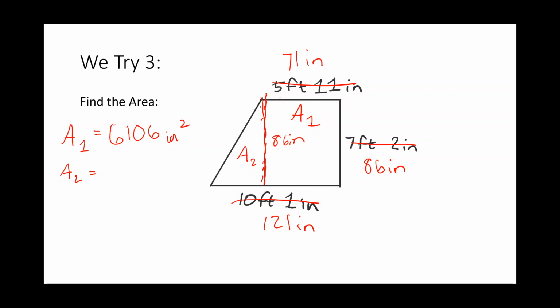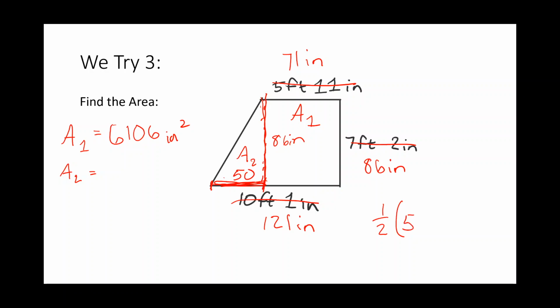The area of the triangle is 1/2 times the base. Ooh, we need to figure out what the base is. Looks like this base right here, this length, is 121 minus 71, which is 50. So the base is 50.